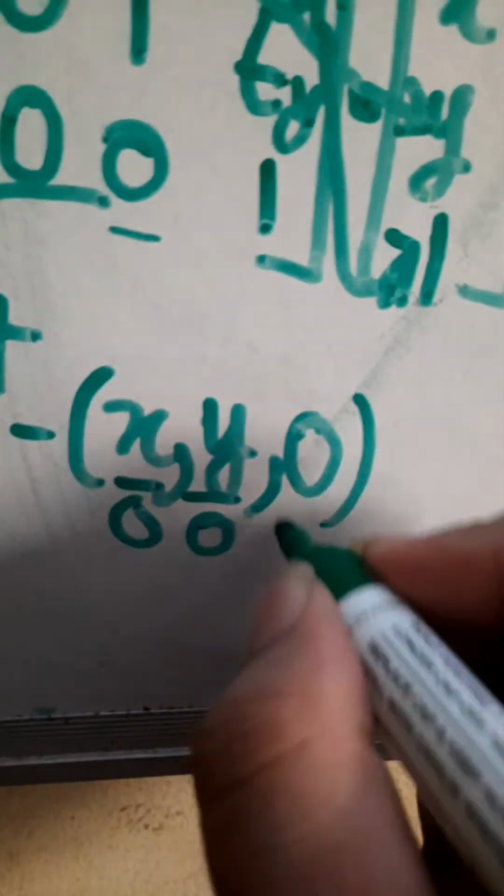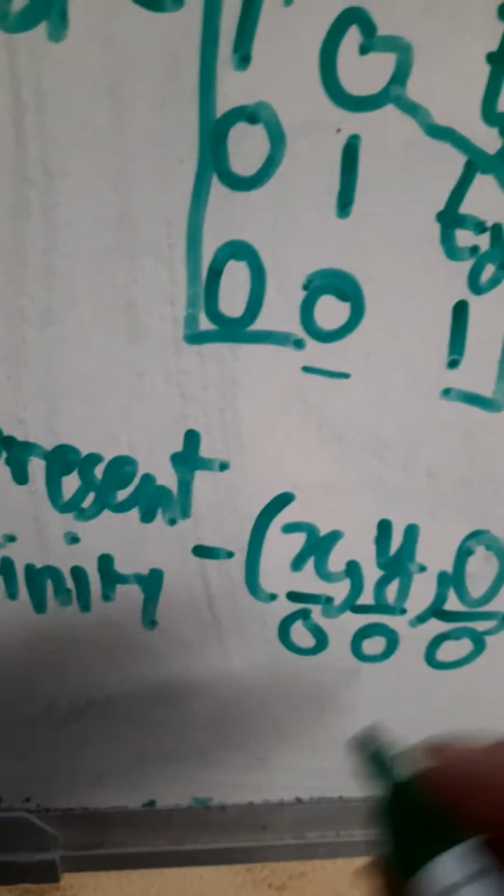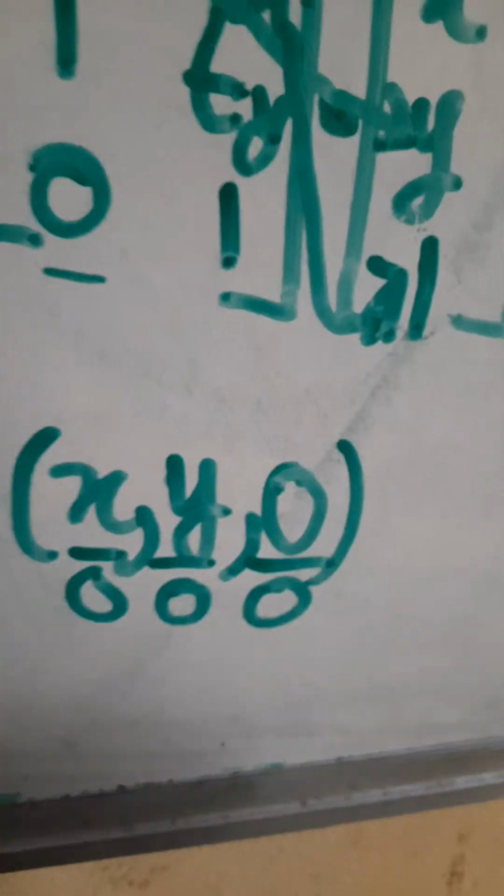To make it real world coordinates, I would divide by 0 to make this 1. In turn, anything divided by 0 is infinity. So I can solve for infinity like this. Normally I couldn't have solved infinity in a graphic card because infinity is not a number.